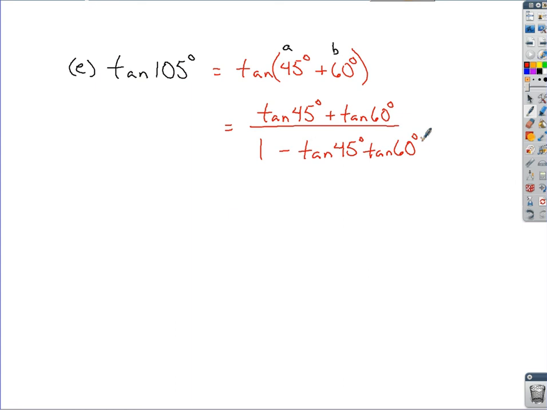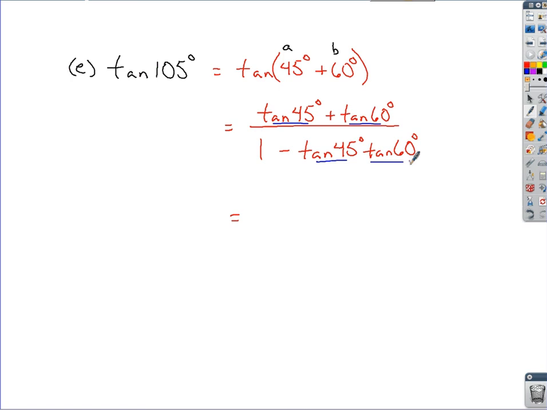So at least this one gives us something slightly more interesting to work with. We've got some tangent values we need to find. What's nice is when you find the 2 on top, you've got those same 2 on the bottom, so you can just fill them in. If you're going to find the tangent of 45 degrees, you look at a 45 right triangle. Opposite 45 is 1, right?